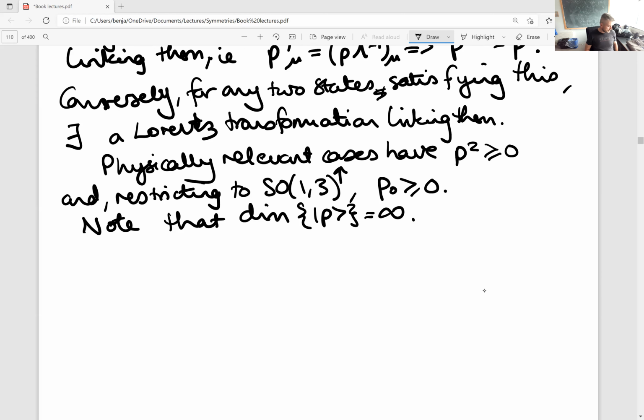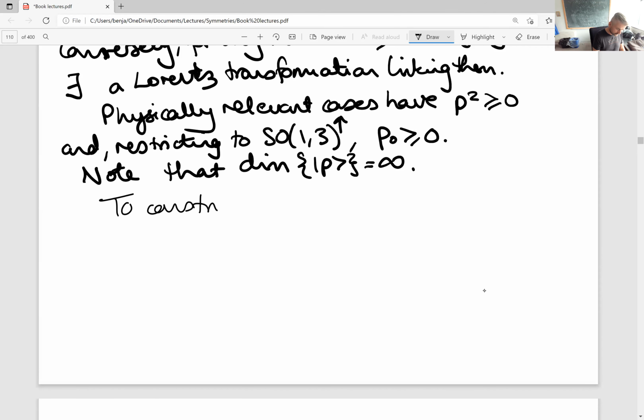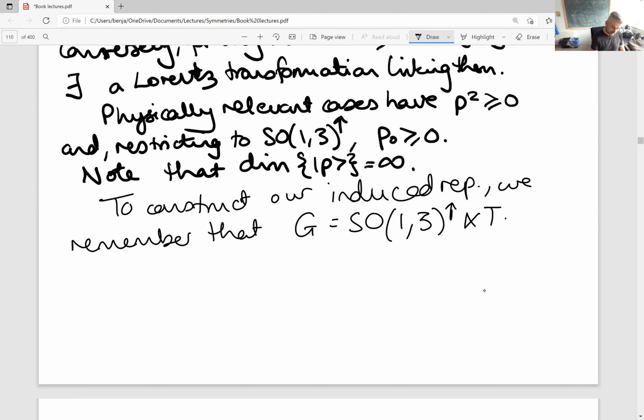So to construct our induced representations, we remember what our group is. G is the proper orthogonal Lorentz group in a semi-direct product with four-dimensional translations in four coordinates.